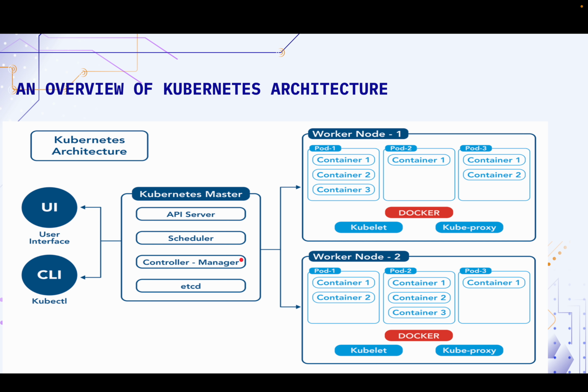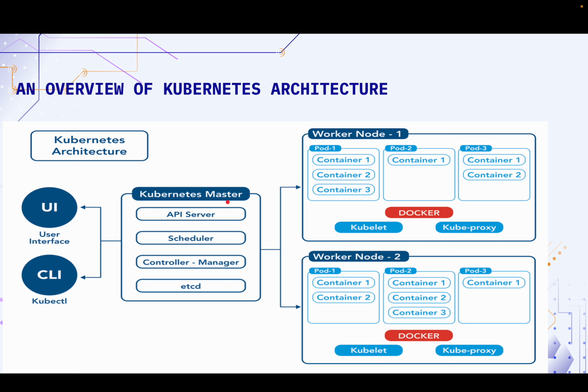Now let's go here and talk a little bit about Kubernetes architecture. Kubernetes architecture basically consists of 2 different sections: the Kubernetes master and the Kubernetes worker nodes. So there is the master component and the node components. Node components can be more than one, but the master component is just one. The Kubernetes master is also known as the control plane.